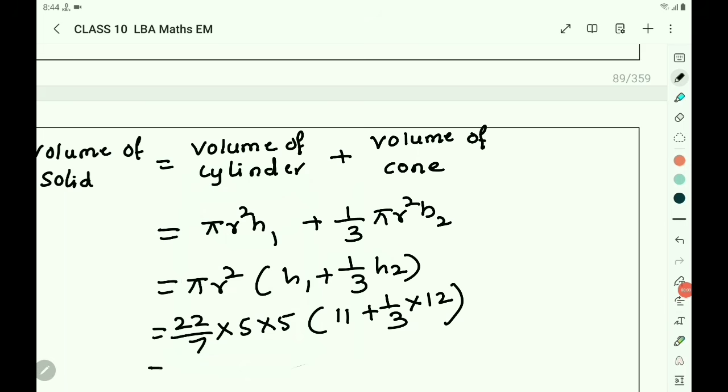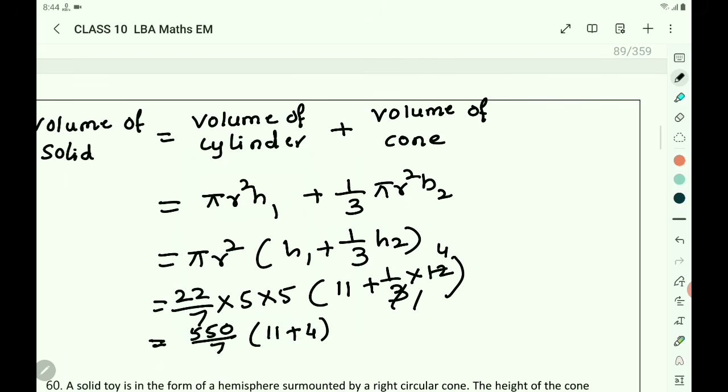Then 22 into 5 is 110. 110 into 5 is 550 by 7 into 11 plus 3 4s are 12, so 11 plus 4 equals 550 by 7 into 15.